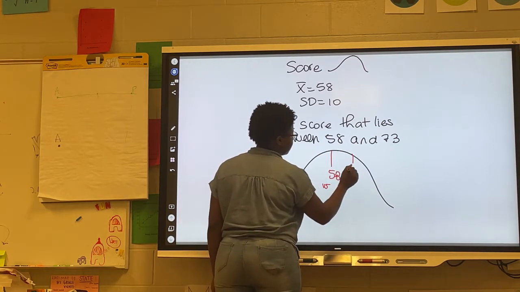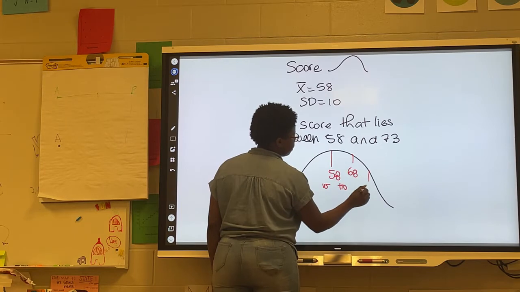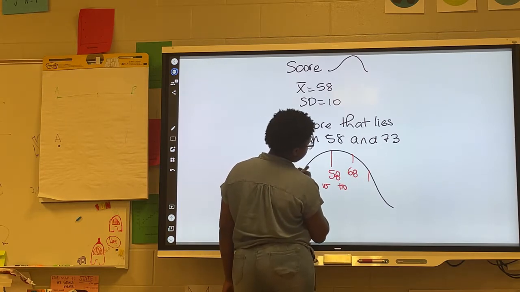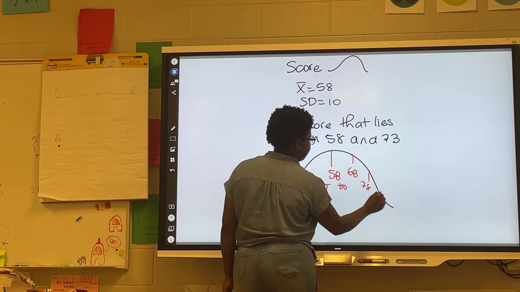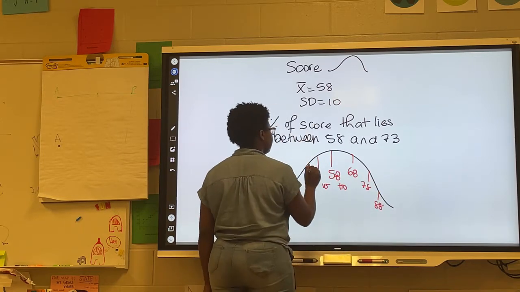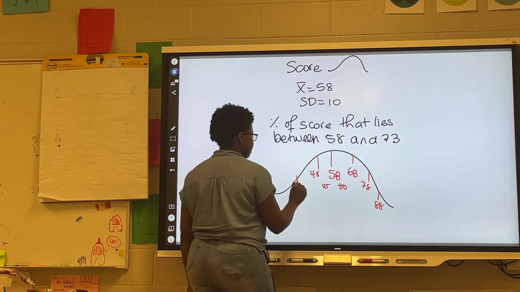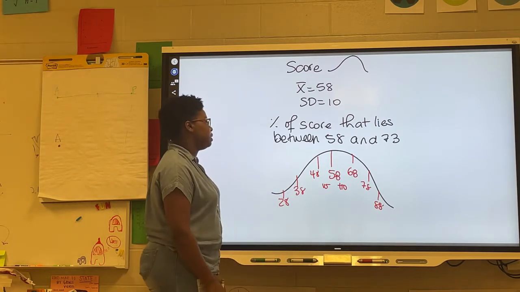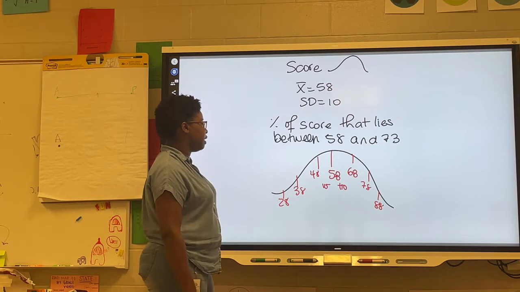So here will be 68, here will be 78, here will be 88, this side will be 48, this side will be 38, and that side will be 28. So it is a 10 difference for my standard deviation.